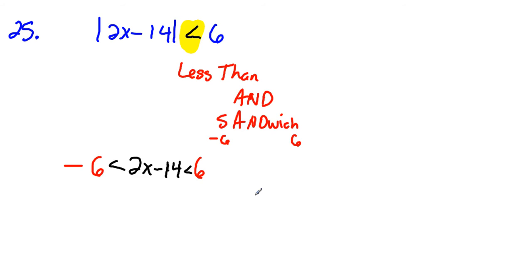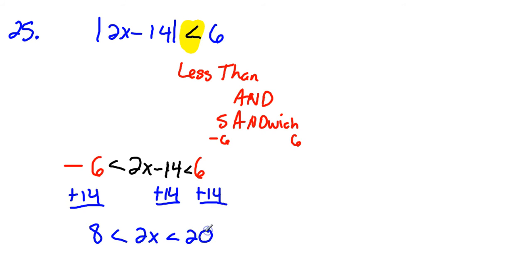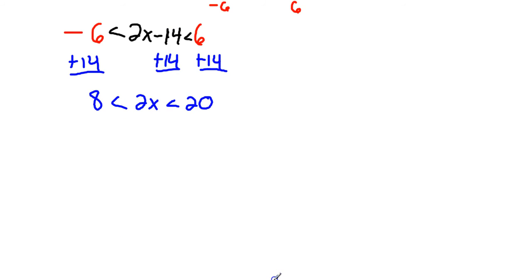Okay, and again, from this one, you're going to work it from the inside out. So if you had 2x minus 14, the first thing you do is you would add the 14, but this time instead of just being with 2 parts, you're going to add it to all 3 parts. So adding the 14, we get 8 less than 2x less than 20, and then go back through and divide everything by 2.